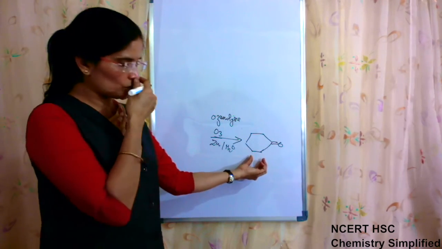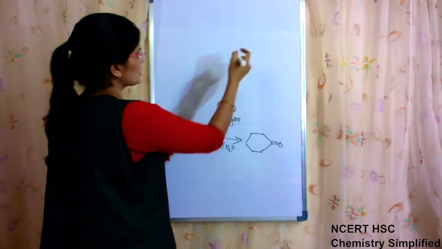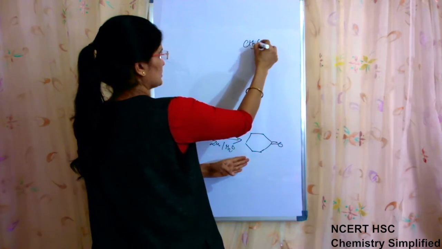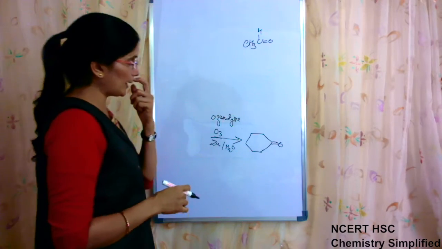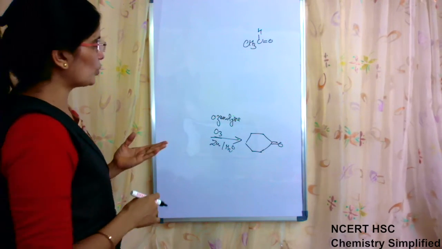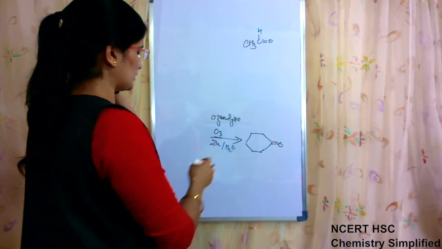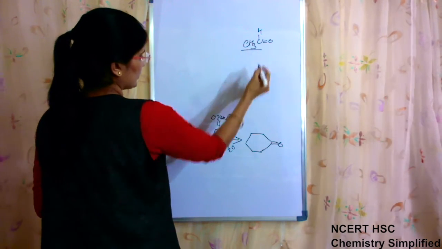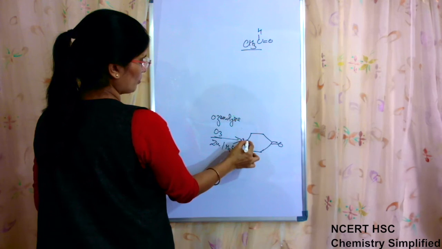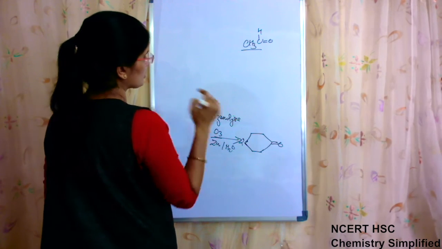Again they have confused you by giving a cyclic structure. Suppose they have given you the product CH3CH double bond O. If it had been the product, then you know what happens when these products of ozonolysis are formed. If two molecules of the same are formed, that means what?